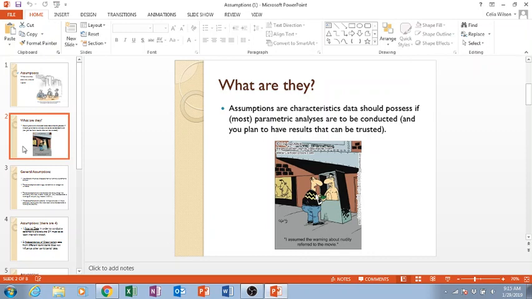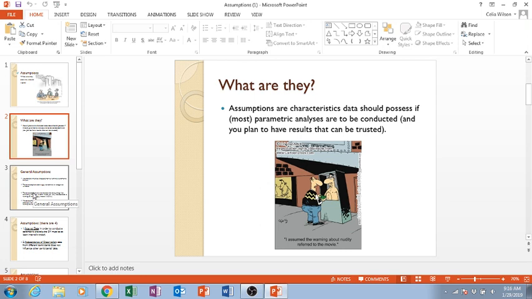There are some analyses you can do when you have, say, only categories, like maybe you have a big data set, but it's all categories, like yes, no, right, wrong, demographic categories. Well, you can still analyze that data, but it's not with these parametric analyses, okay? They're called non-parametric. So for us, if we want to be able to trust the results of our analyses, we've got to check our data first, okay?